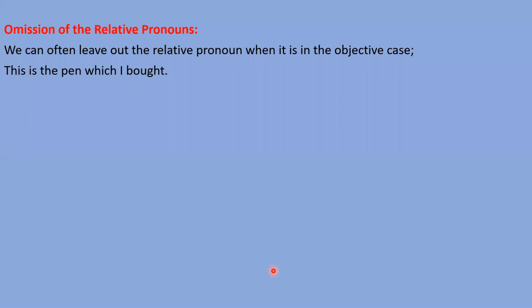Sometimes there is no need to write the relative pronoun, but the condition is that when that relative pronoun has been used in an objective case, then we can remove that relative pronoun. See this example, I have written here, this is the pen which I bought.